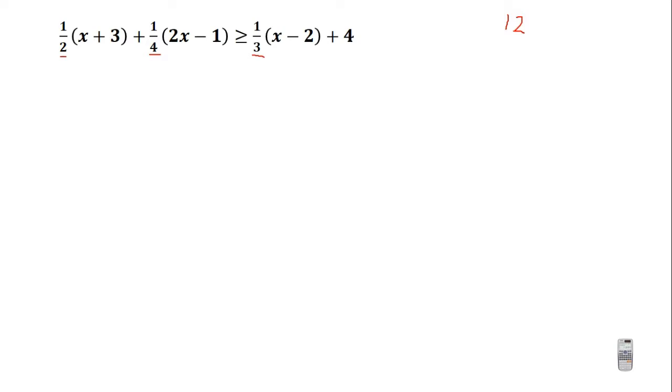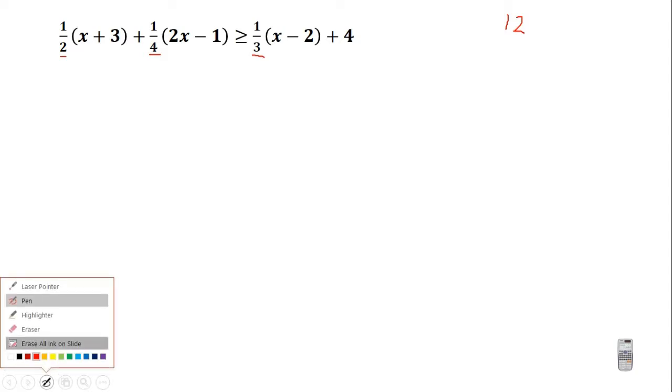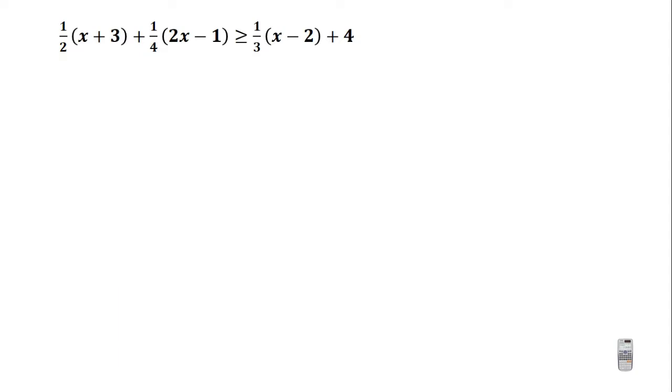After you found the LCM, the next thing you need to do is to identify the terms in the inequality given to you. A term in this inequality will be separated by addition or subtraction. Between 1 over 2 and what is in the bracket, there is multiplication.